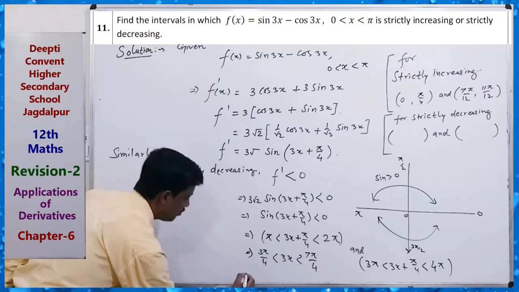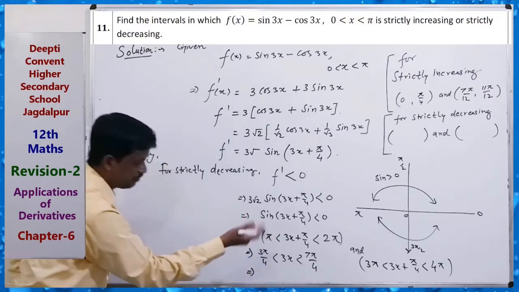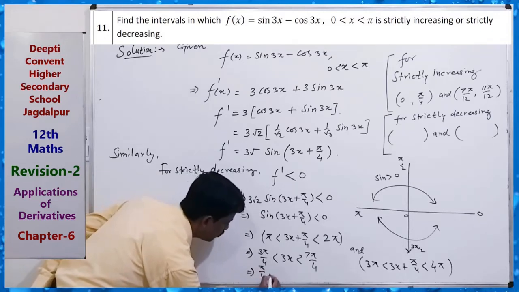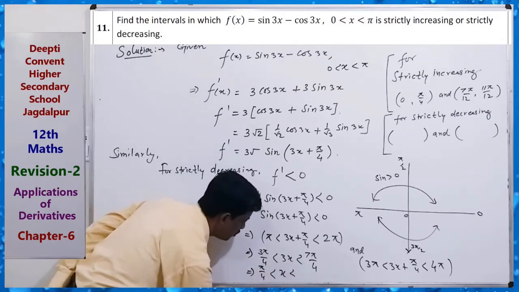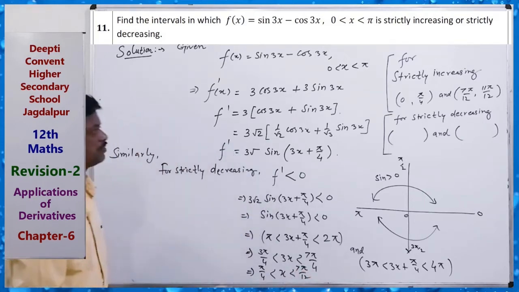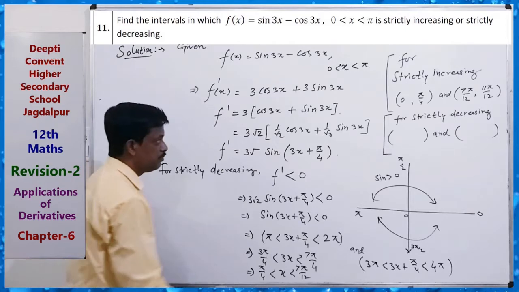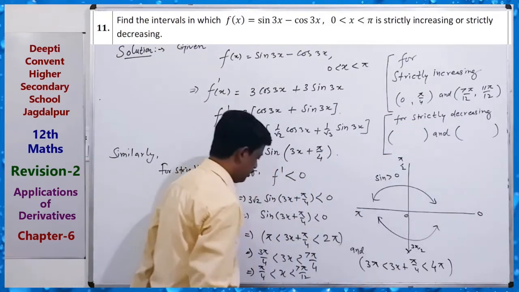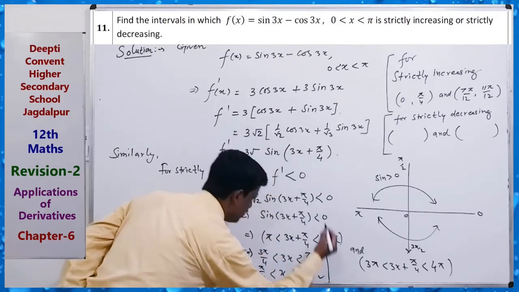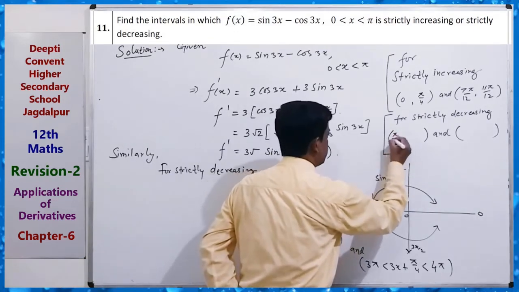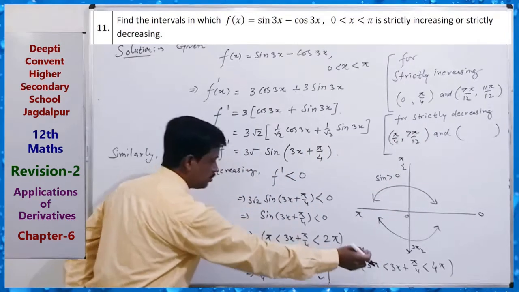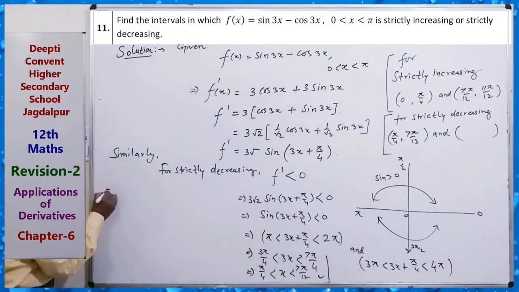This implies, dividing by 3, pi by 4 to 7 pi by 12. That is the in-between interval. This is one interval: pi by 4 to 7 pi by 12.